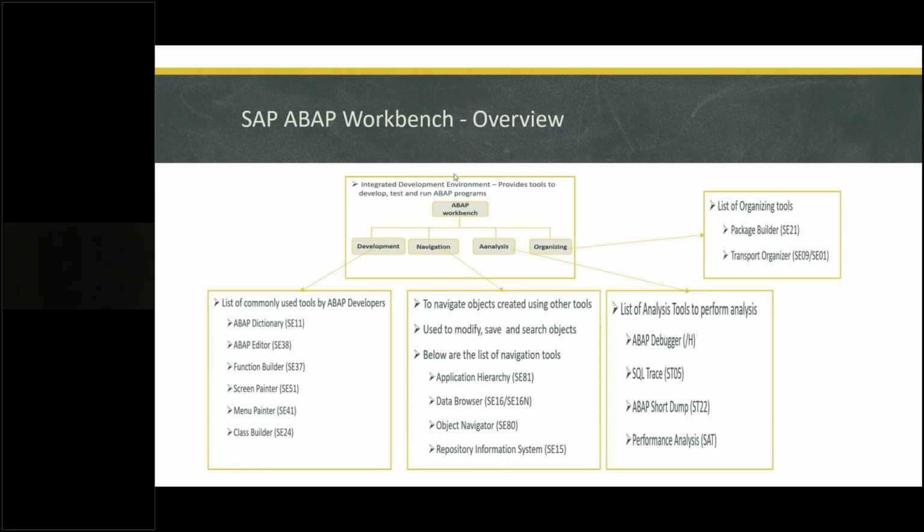So suppose Java is providing one IDE, that means all the developer tools will be available, and with those tools they can create programs, test them and run them. That is the meaning.